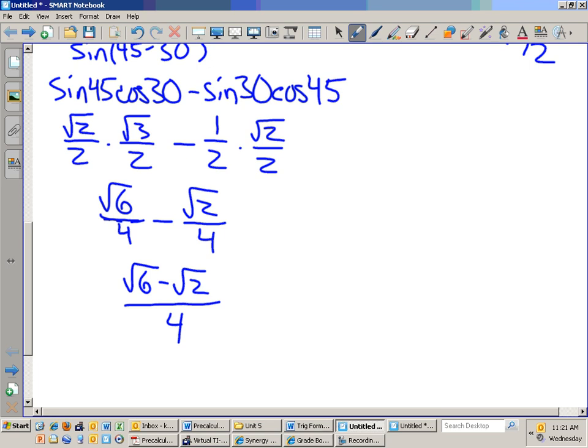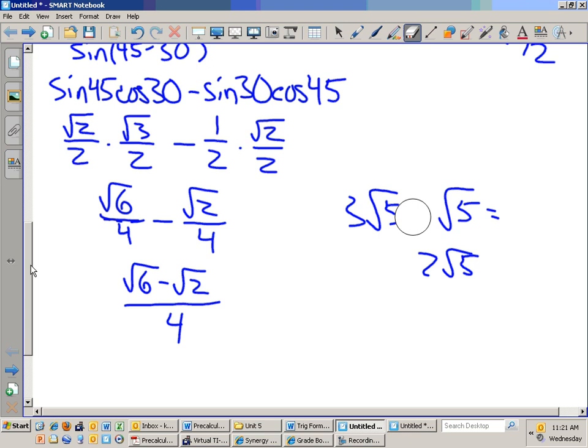So if you had, say, 3 square roots of 5 minus 1 square root of 5, that would be 2 square roots of 5. You can do that, but if they're not the same radicand, you can't subtract them. It's done. So square root of 6 minus square root of 2 all over 4, that would be the exact value of sine of 15.